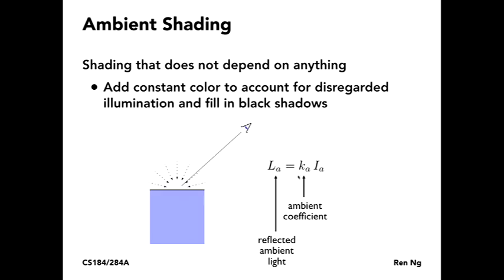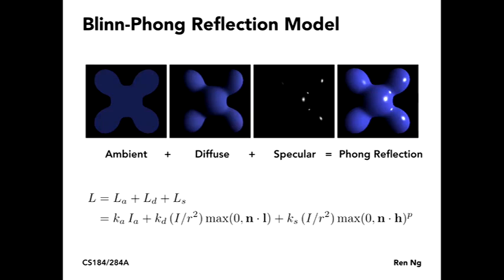All it is, literally, is some coefficient called the ambient coefficient K sub A that takes how much light we're putting into the scene, multiplies it by some small constant, and adds that to every position in the scene. Okay, so let's take a look at what that looks like. So here is some kind of weird bumpy shape. Here's the ambient term. It just takes the incoming light, multiplies it by some small number, and puts it over the entire scene. So you can see the outline of this, but it does not look shaded in any way.